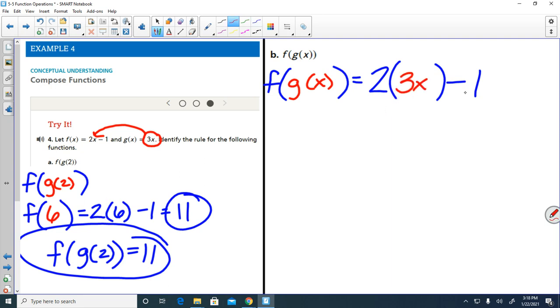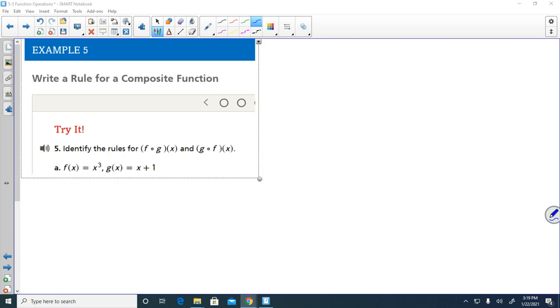So this is an unsimplified version of f of g of x. F is the blue. It's what's on the outside. The g is the little baby function. It goes in place of the x. So this simplifies to be 2 times 3, which is 6x minus 1. So f of g of x is 6x minus 1.